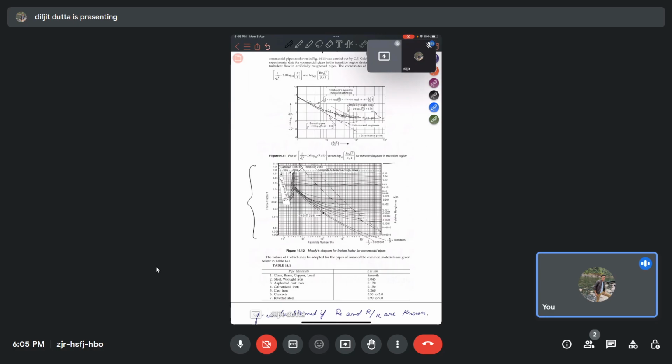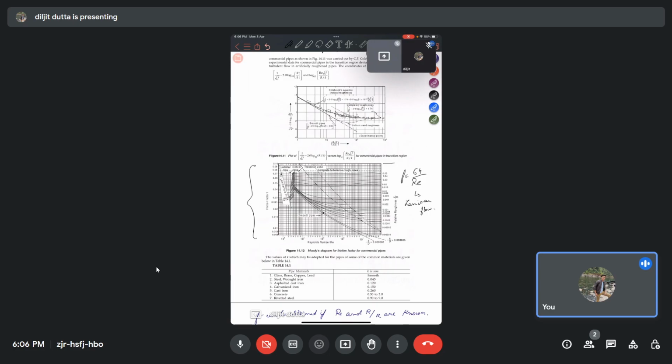When we take extremely smooth pipes, the friction factor is a function of Re, that is, f is equal to 64 by Re for laminar flow.